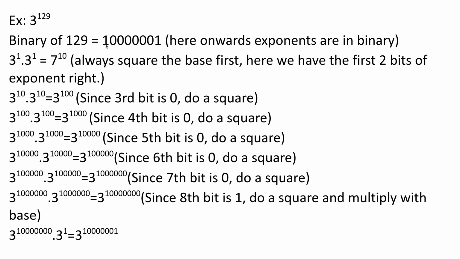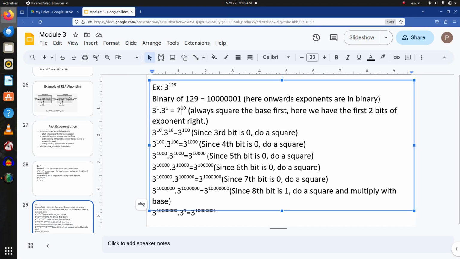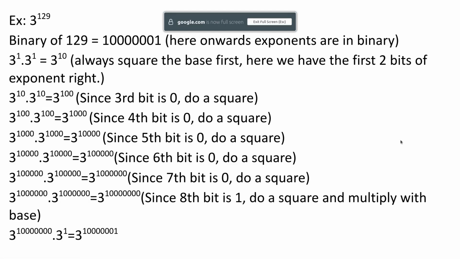Another example, 3 raised to 129. Binary of 129 is 1, then 6 zeros, then 1. So there are 8 bits. As usual, first we take the base and square it, and you get 3 raised to 10. The first 2 bits are 10, so there is nothing more to be done. 3 raised to 10 is then squared, so we get 3 raised to 100. Again this is a 0, so nothing needs to be done.